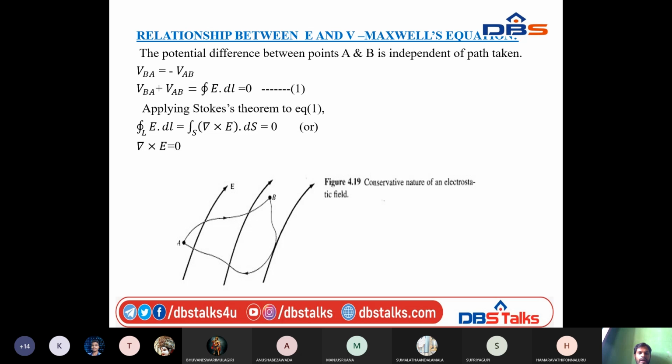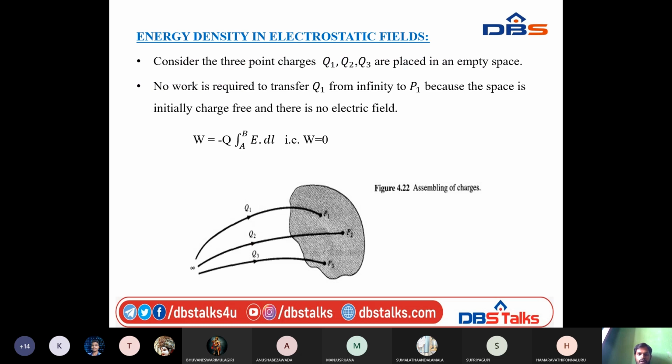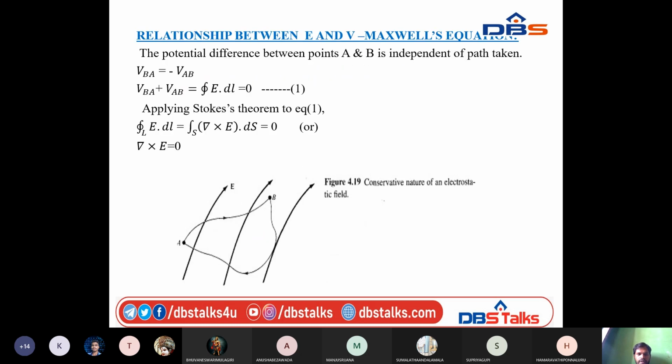Bringing back the charge to point A means you have to go from A to B by applying some external force, and then from B to A. Now consider the total work done. The total work done at point A becomes 0, because initially you shifted the charge from A to B by applying some external force, and then you brought the charge back to point A. So the total work done becomes 0.